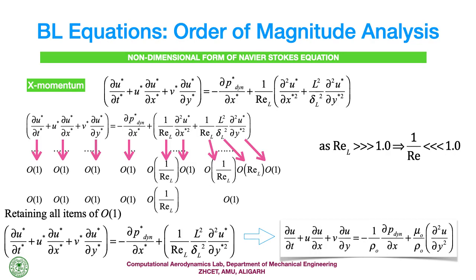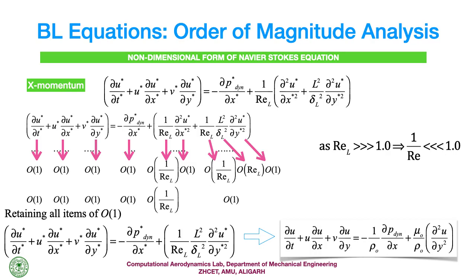So this we will use. Now u star is also of the order of 1, and del u star by del x star, which we have already seen, is also of the order of 1. So this whole term is also of the order of 1. So the whole of the LHS is basically of the order of 1.